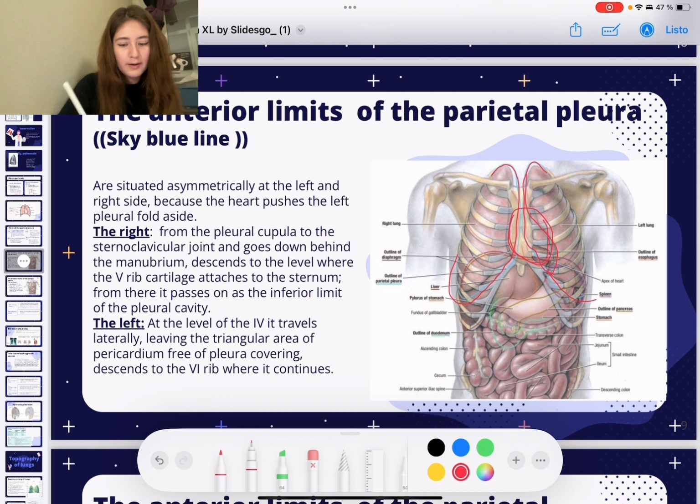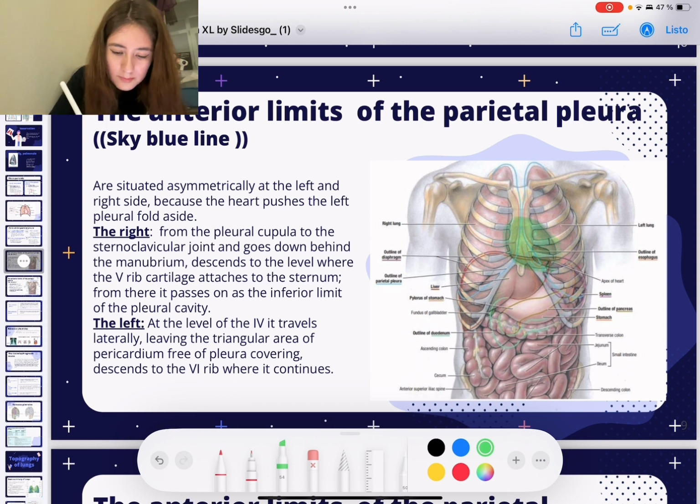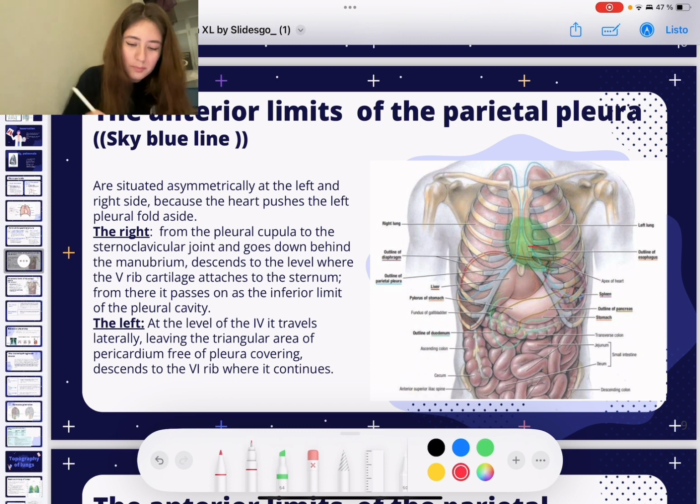And here we have the heart, and it pushes the left lung. So it will obviously be shorter, smaller than the right one.